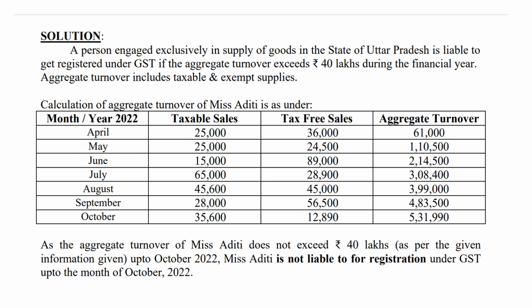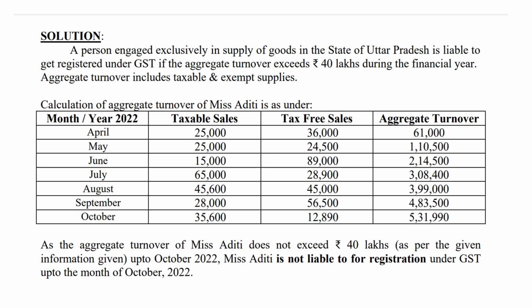Now you will write month and year 2022. Then you will write taxable sales and tax-free sales, which are given in your problem sum. As it is, you have to copy your month, taxable sales and tax-free sales, and in the next column you will write aggregate turnover. So in the cumulative form, we have to keep on adding the previous month's turnover, and you will find your solution.